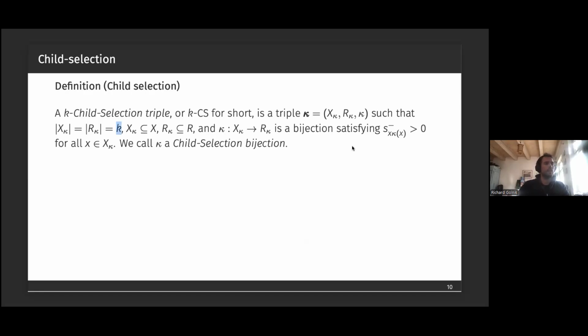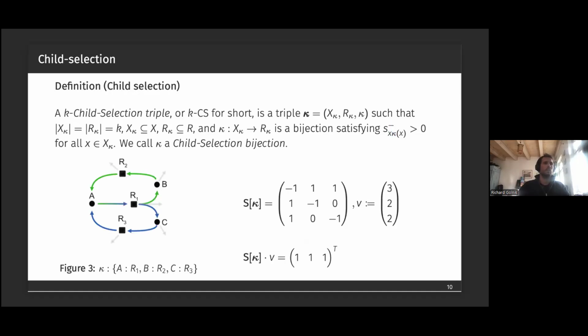And we have a bijection from the subset of the species into the subset of the reactions, such that each metabolite chooses a reaction for which it is a reactant. That means that the stoichiometric coefficient of the species and its image under the bijection is strictly positive. We also call this bijection a child selection bijection.